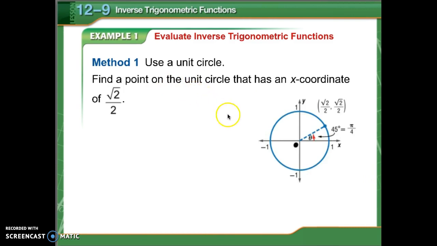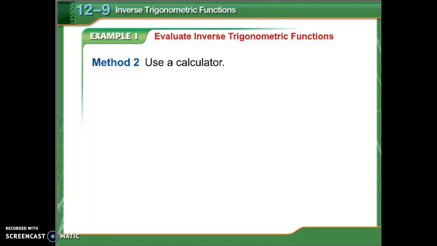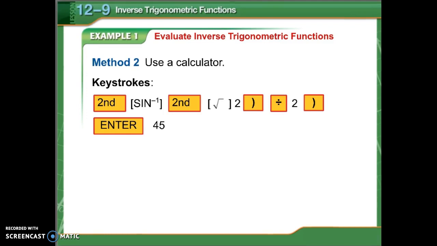So here we go, method 1, use unit circle. Pi over 4 is our first one. We have a y value of root 2 over 2. So that's one angle. That's 45 degrees or pi over 4. So that's one of your answers. You can also use a calculator.